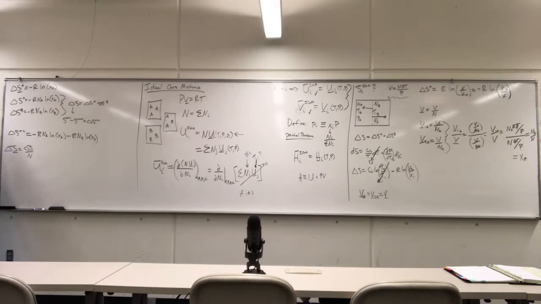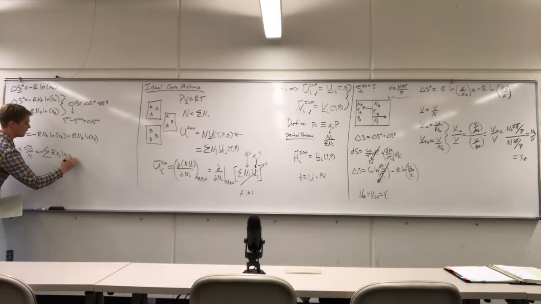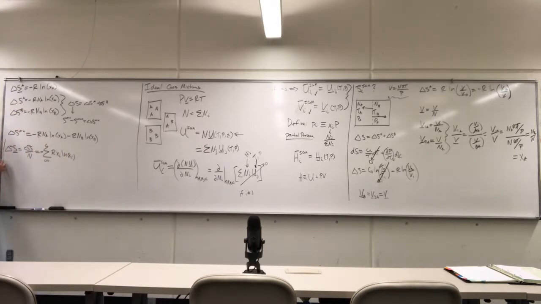Divide the whole system by n so we can get this as an intensive property. And we can reduce this a little bit. Minus R xi ln of xi, summed from i equals 1 to the number of components c.